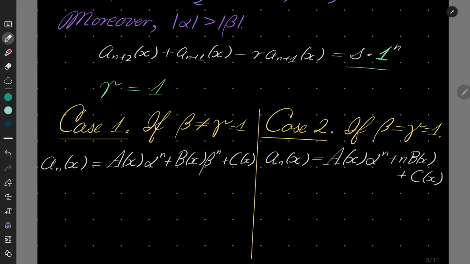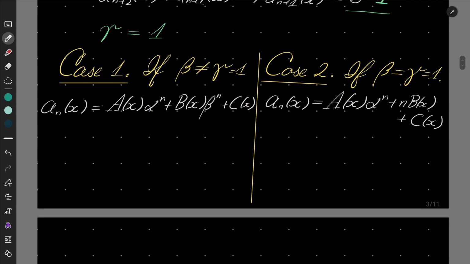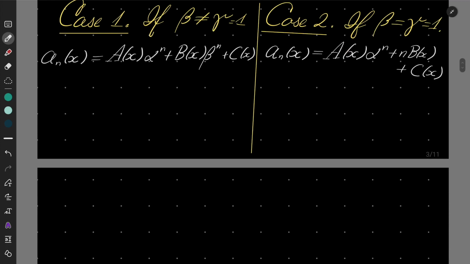Well, they can be found from our recursion. So, from our initial conditions, I should say. Because we have 3 variables in each case. You know what? Maybe I will cover first only this case. Second case will be left for later. How can I find a, b, and c?